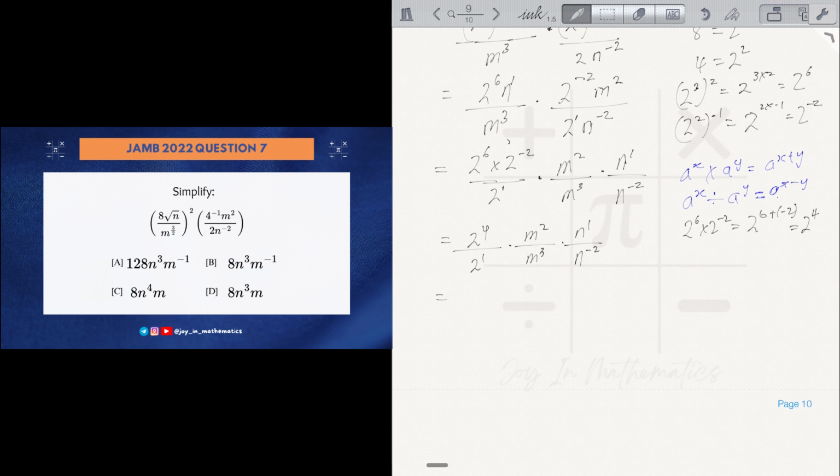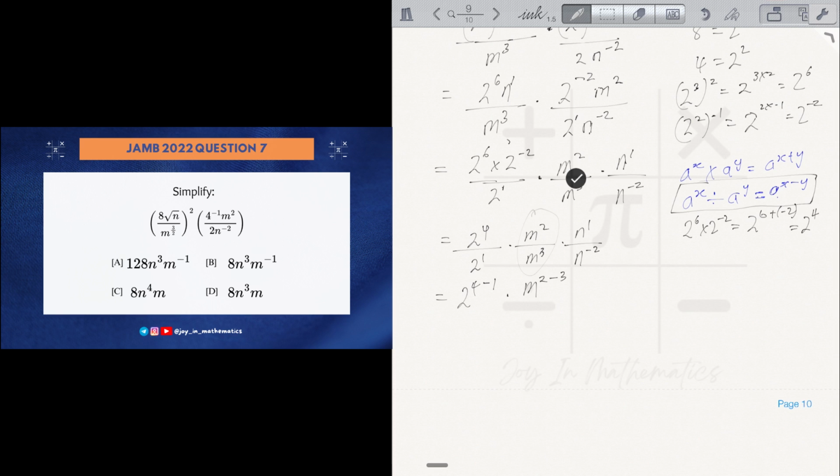Now let's go ahead and apply this division law across all terms. Let's begin with 2 raised to the power of 4. This will give us 2 raised to the power of 4 minus 1, because it's 2 raised to the power of 4 divided by 2 raised to the power of 1. And this will give us m raised to the power of 2 minus 3.